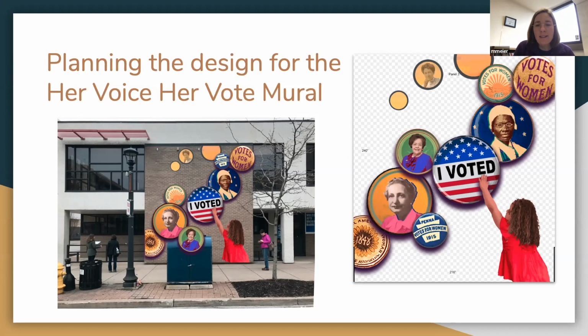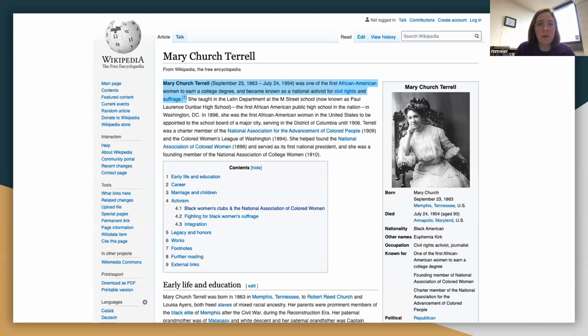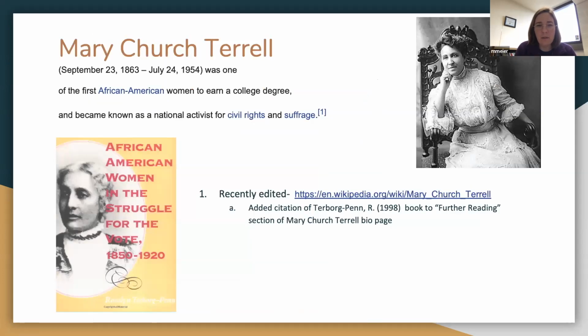So we wanted to see how we could look for diverse perspectives. So I went to the Mary Church Terrell page, and we see this portrait of her, and we read about her, but there's very little in the pages about African American suffrage in terms of visual culture, and this is an area that needs to be added to.